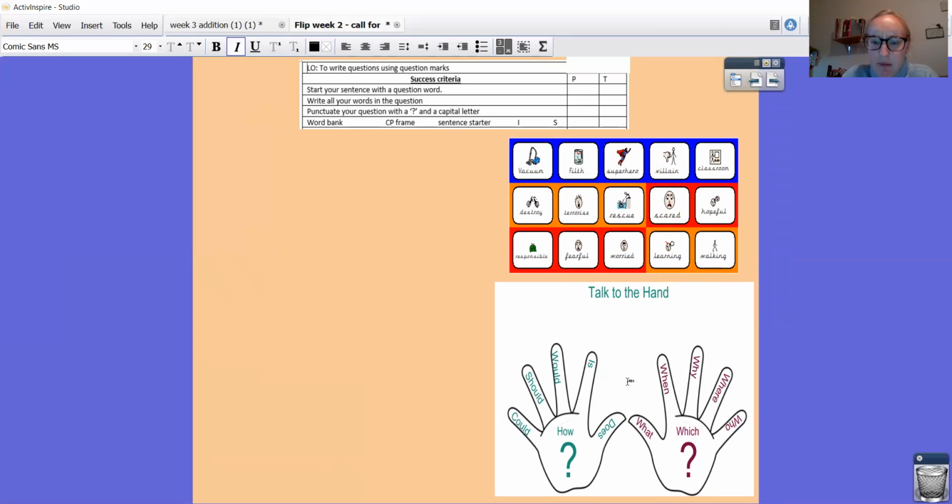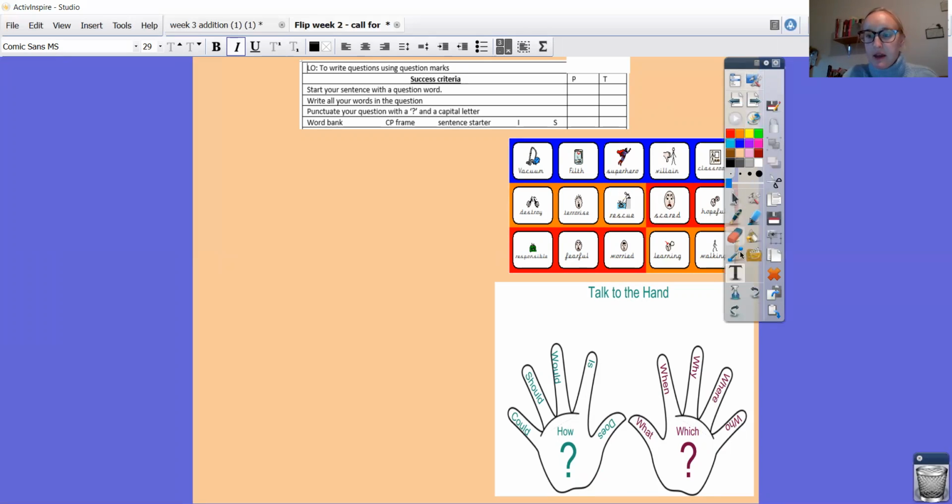I'm going to look at my hands and think about which question word I want to use to ask Filth and Vacuum a question. I'm going to start with the word what. Down here on the thumb, you can see there is a what. At the start of my sentence, I need a capital W. I'm going to use the word destroyed.